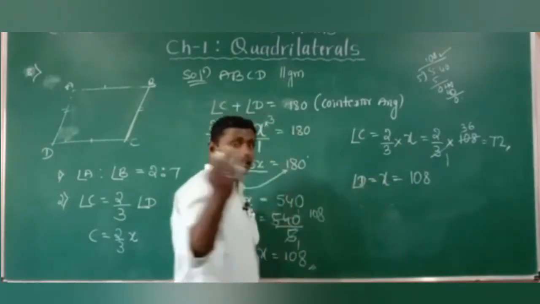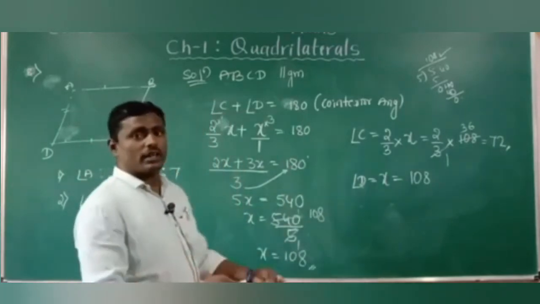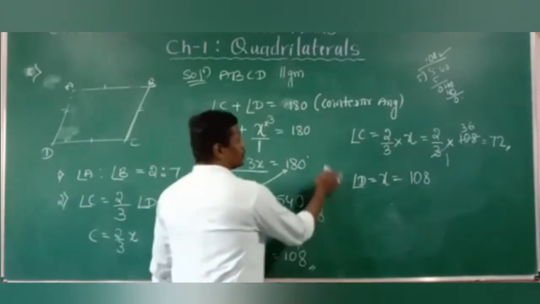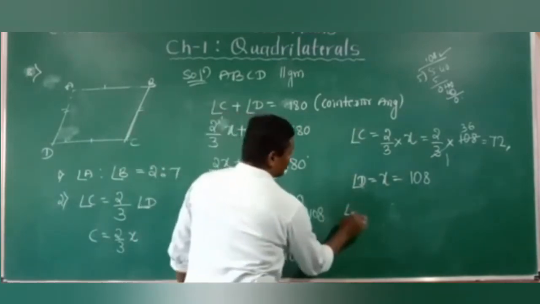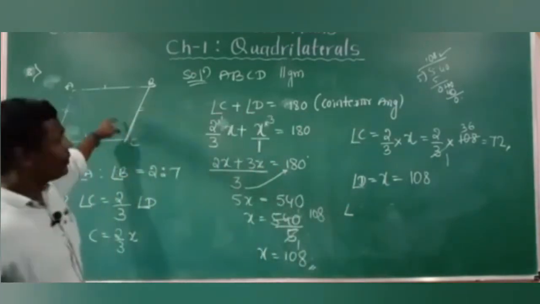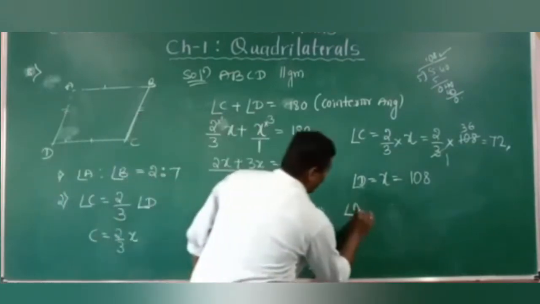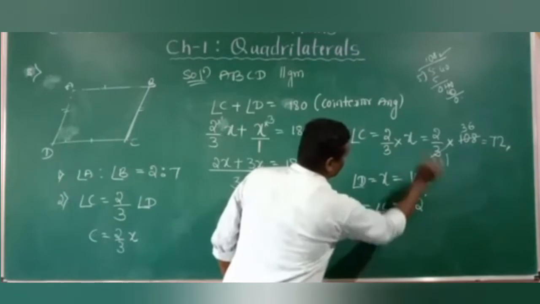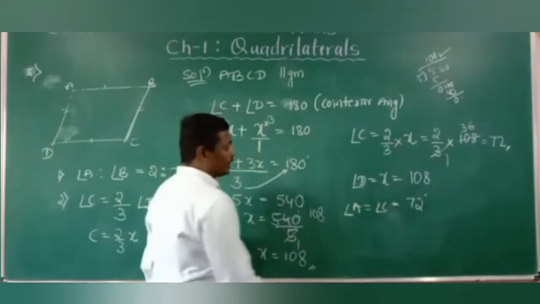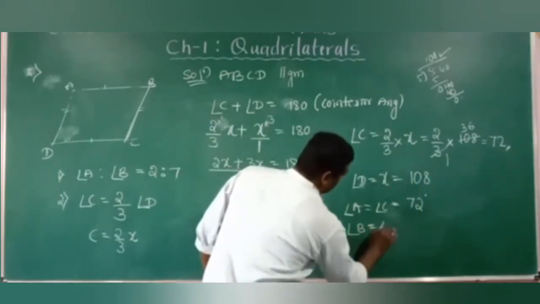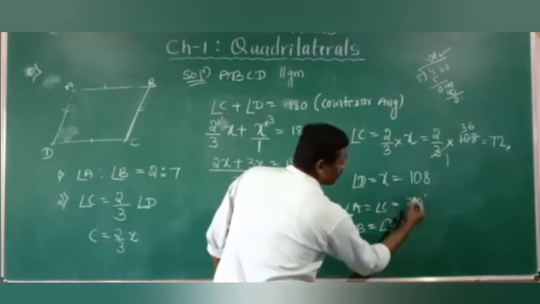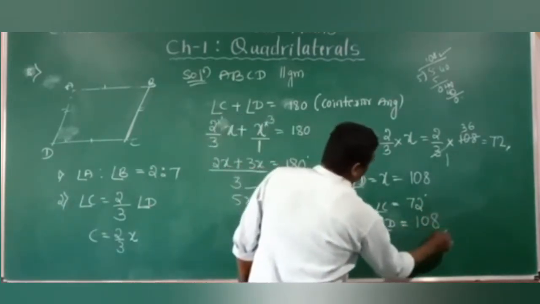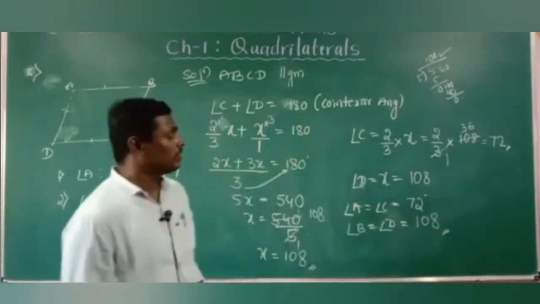Once we calculate the two angles, the remaining two angles are opposite to the calculated angles. So angle C is opposite to angle A, therefore angle A is equal to angle C. Both angles have magnitude 72 degree, whereas angle B is equal to angle D. Two angles are measuring equally, that is 108 degree.